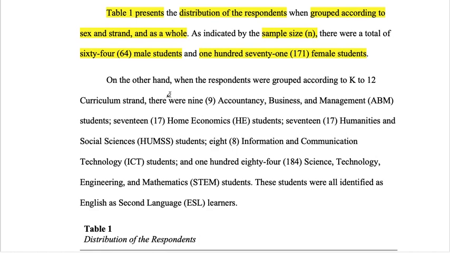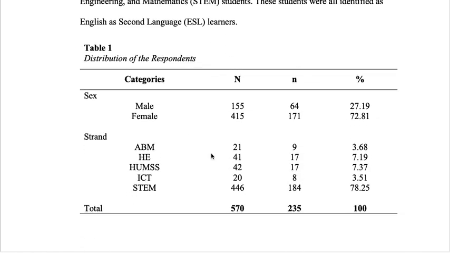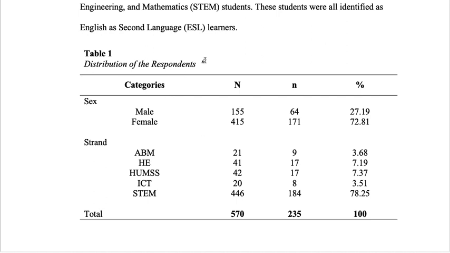Next, on the second paragraph, the researcher explained, when the respondents are grouped according to strand, how many are the HUMSS, how many are the ABM students, how many are the home economics students. So, it's a discussion of what is written or illustrated in the table below. So that is one example of the data commentary.